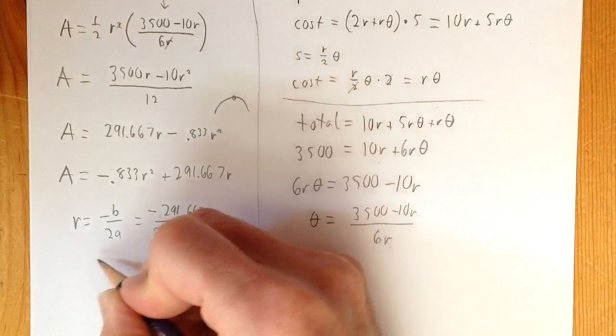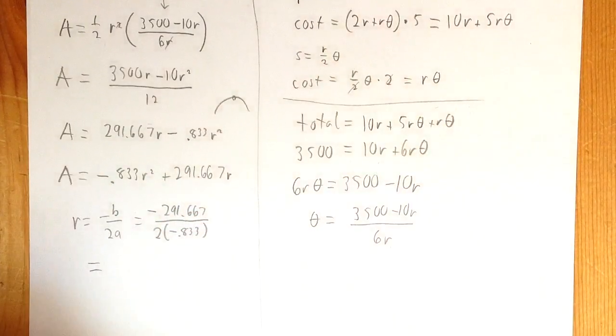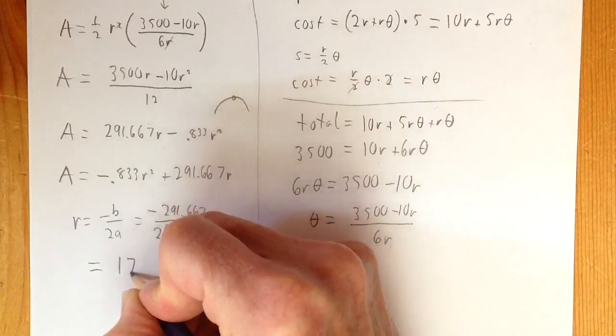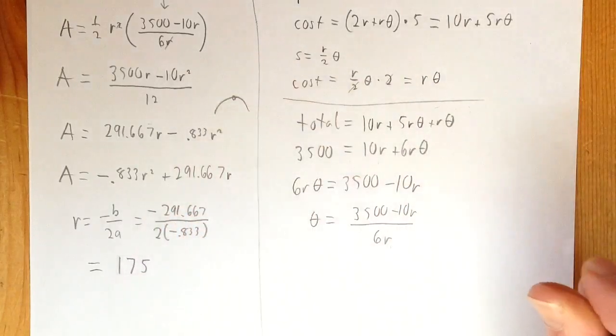Okay, so we plug those into the calculator. 291.667 divided by 2 divided by 0.83333 equals, wow, it's practically exactly 175. So the radius is 175 feet. That will give us the biggest area.